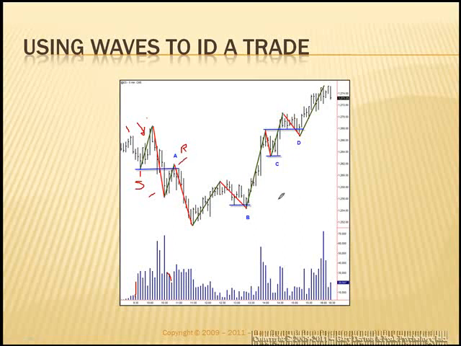Okay. We drop down. We come back up. Aggressive traders could try to make a trade in here. Better, however, we make a nice up wave. We come down. Look at the up wave comes in with good volume. And so that means that there is good, strong demand here.